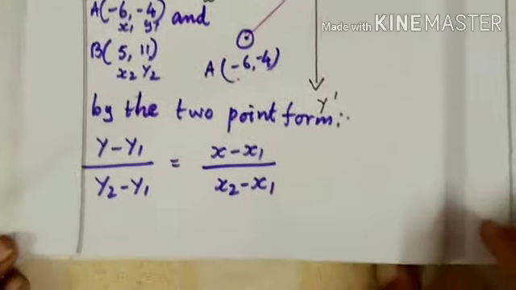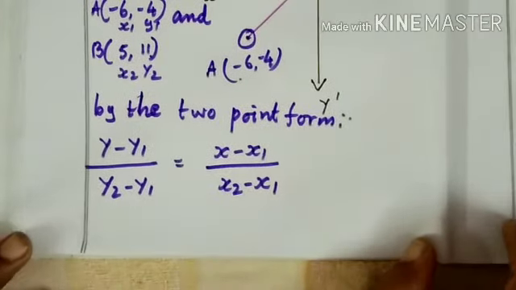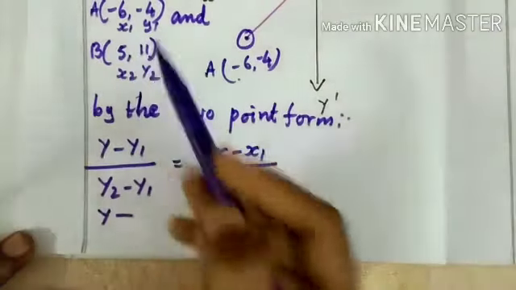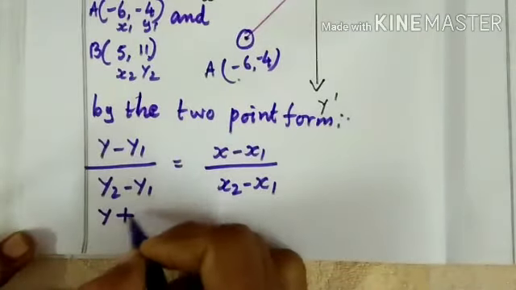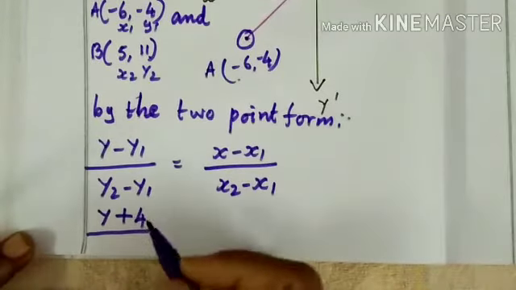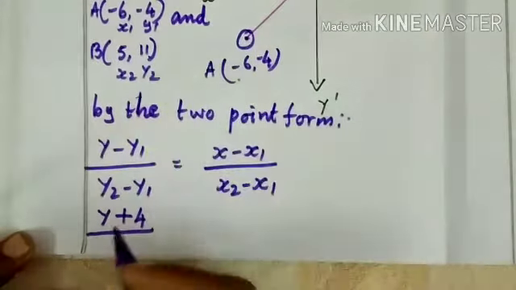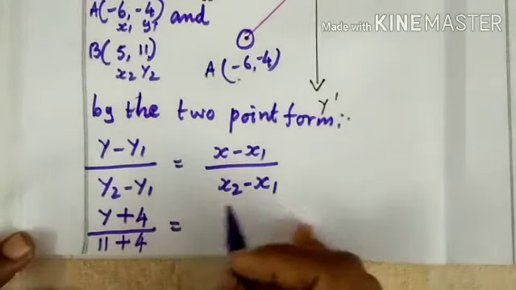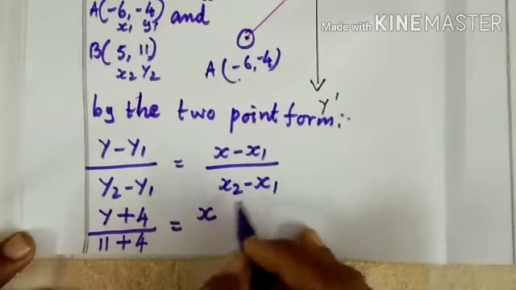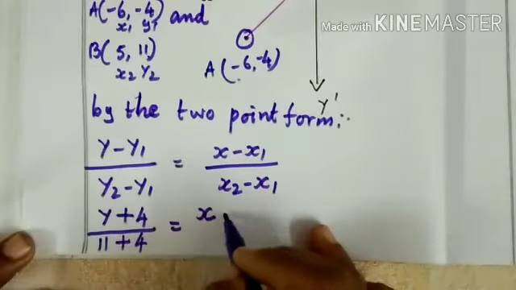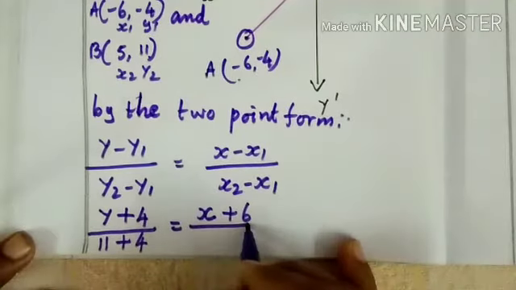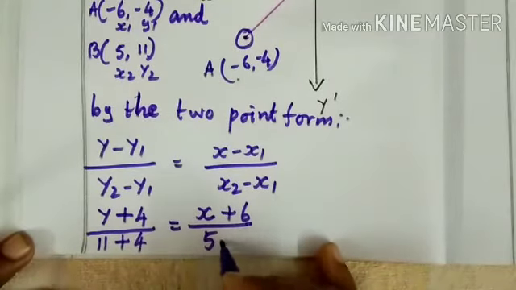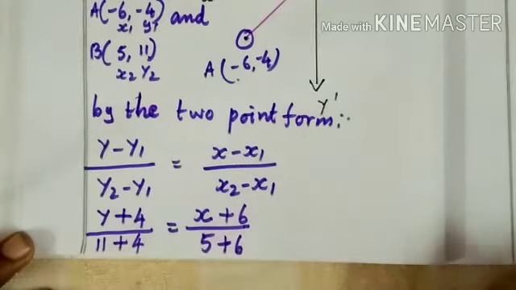Now you have to apply these points in this formula, that is y minus y1, y minus of minus 4, so minus into minus plus 4, by y2 minus y1, 11 minus of minus 4, plus 4, is equal to x minus x1, x minus of minus 6, so plus 6, by x2 minus x1, that is 5 minus of minus 6, plus 6.